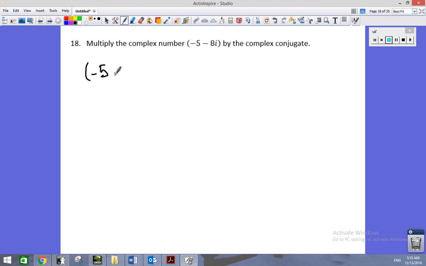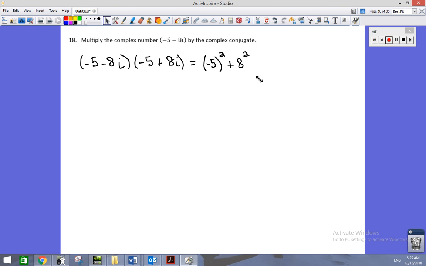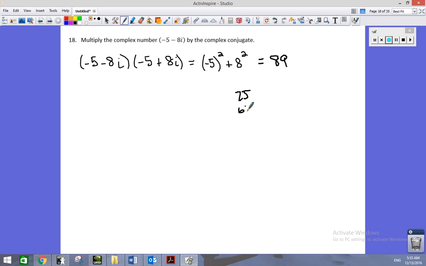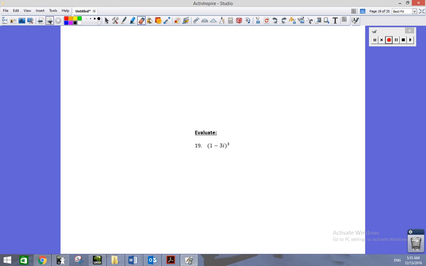The complex conjugate is negative 5 plus 8i. So I've got negative 5 squared plus 8 squared. 25 plus 64. 25 and 64, yeah, 89. Exponents don't distribute.